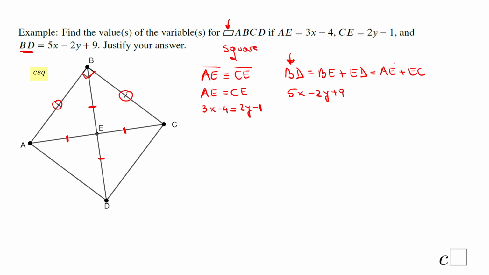And now we have these two segments. So the first one is 3x minus 4, and the second one is 2y minus 1, right?